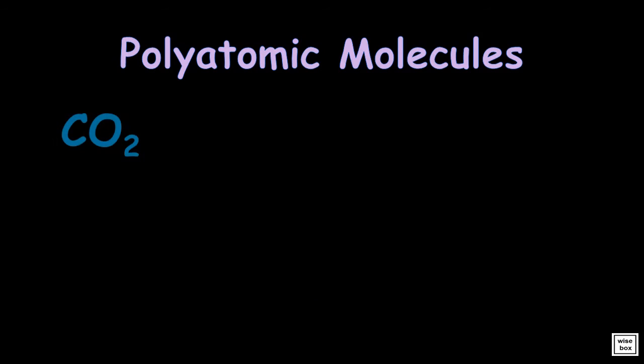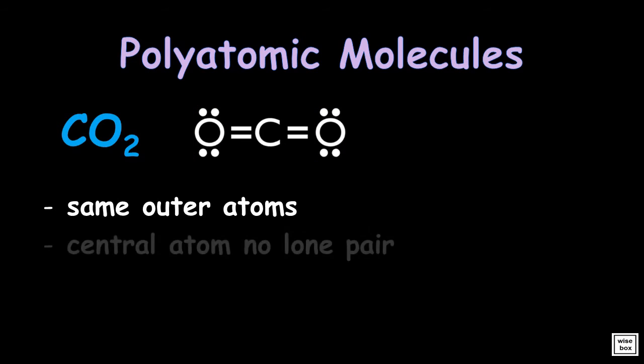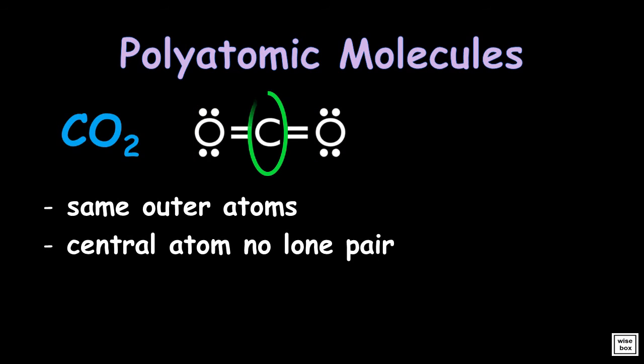Let's consider carbon dioxide, or CO2. This is its Lewis structure. Notice that the outer atoms are identical. And if you look at the central atom, it does not have any lone pair of electrons.